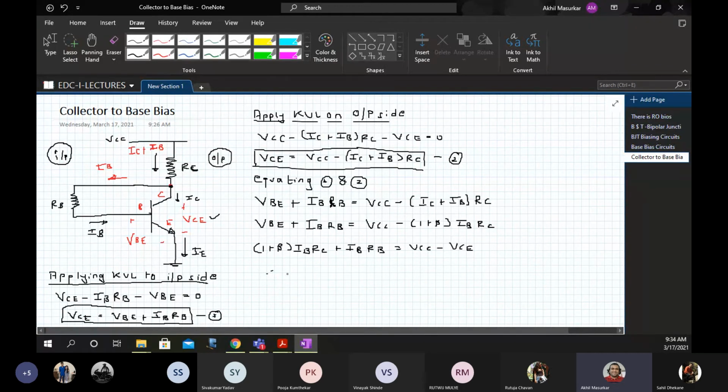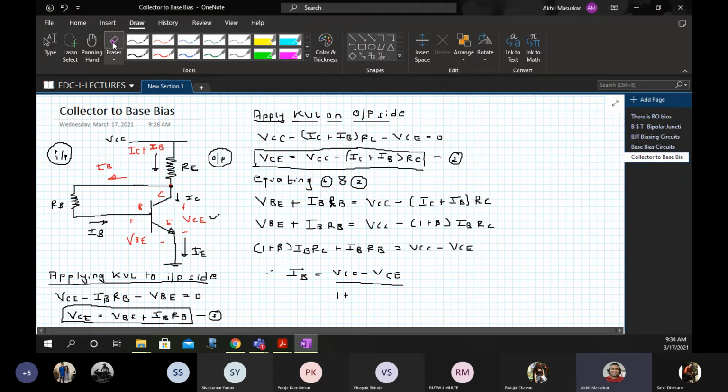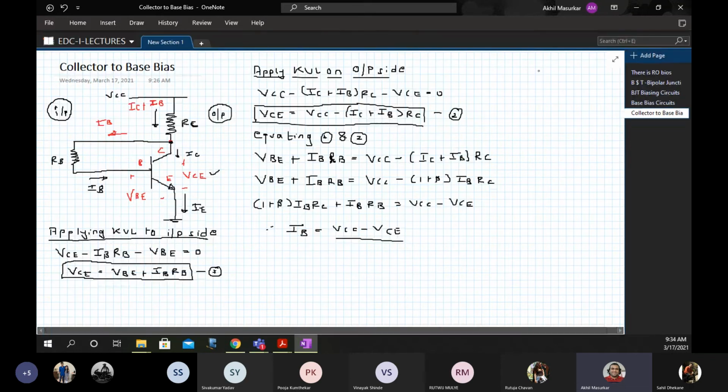So we can now write IB is equal to (VCC minus VBE) upon RB plus (1 plus beta) times RC.